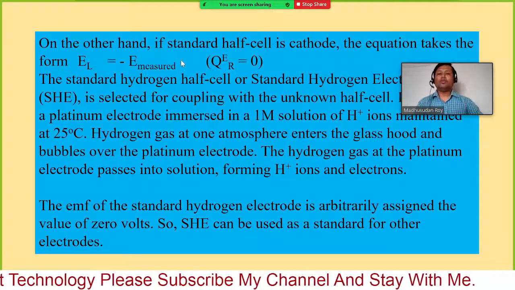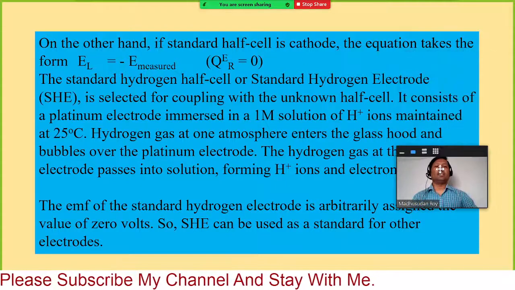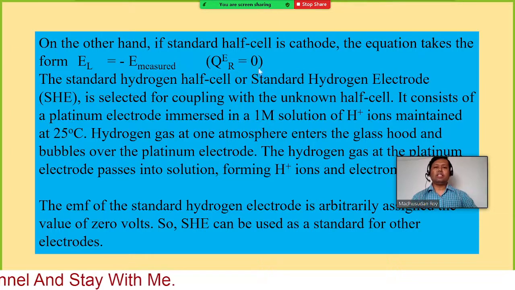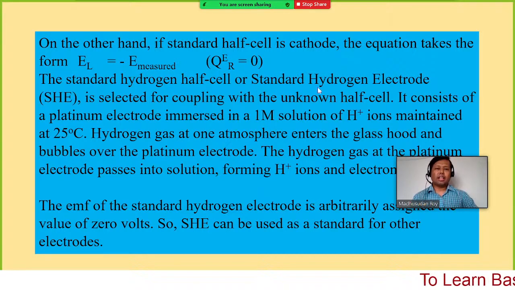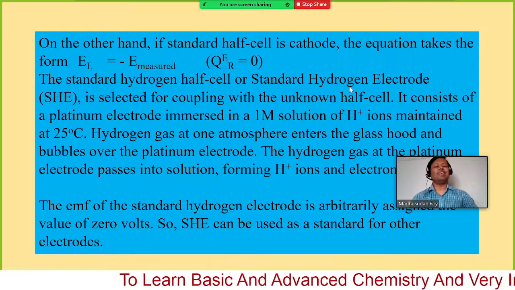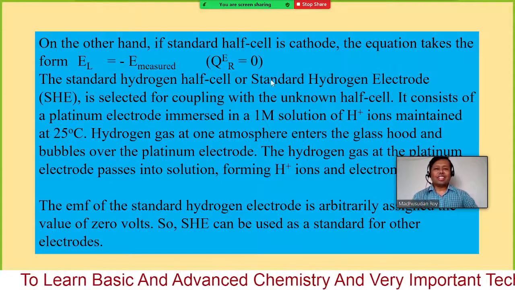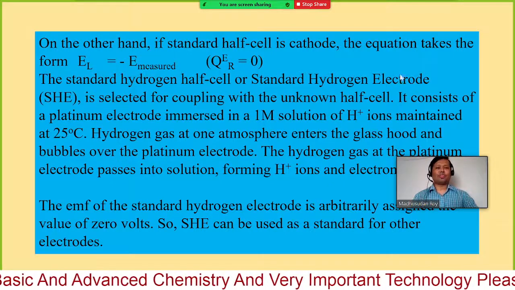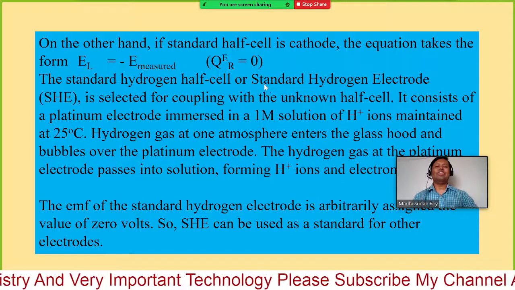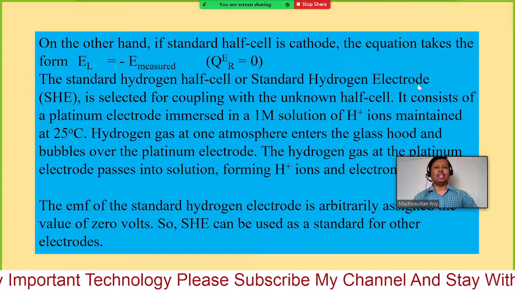On the other hand, if the standard half cell is a cathode, the equation takes the form EL equals minus E measured. The standard hydrogen electrode we represent as SHE, she, like for a girl or lady. Don't get confused when we write SHE; you will think about a standard hydrogen electrode.